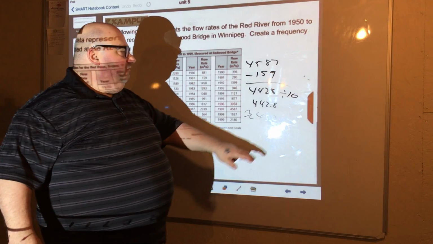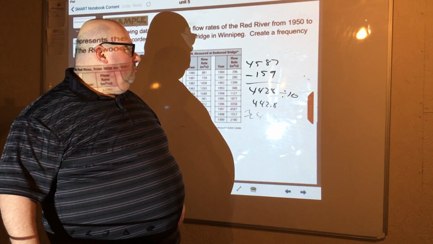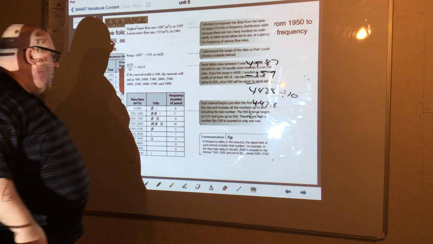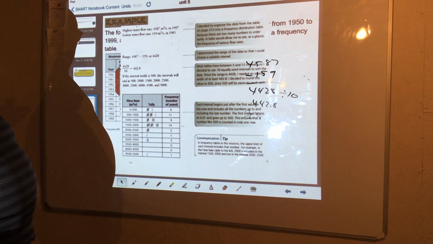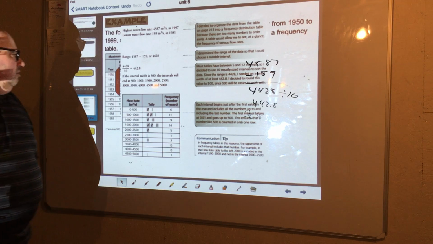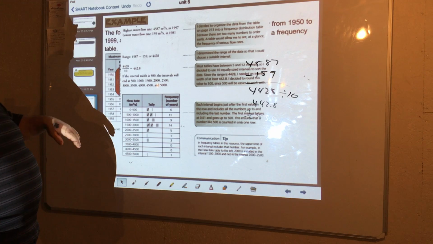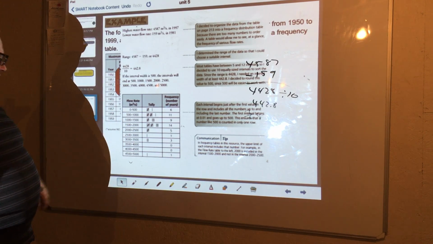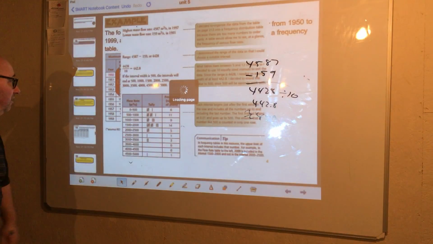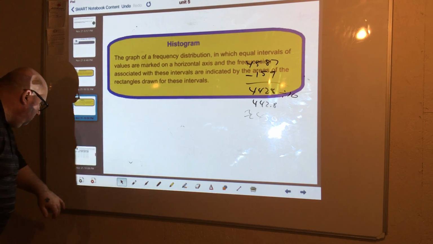Let's pull this out here. Okay, they did 500. Fair enough, we'll do 500 then. That's what's there. So what we do is we set up our flow rates from 0 to 500. I'm going to add a page down here.